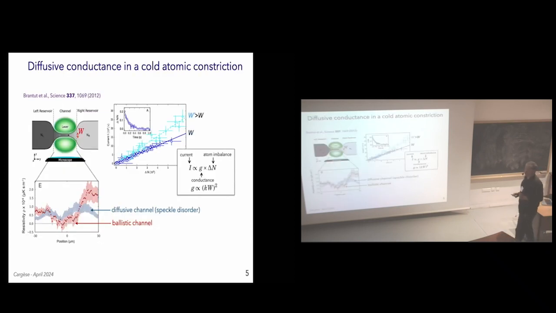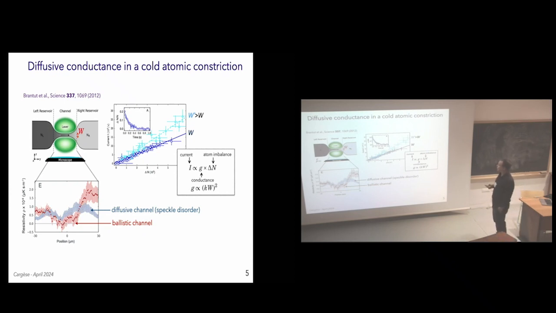Now, of course, there have been plenty of experimental measurements of classical wave scattering through diffusive media, and all of you know this much better than I do. But here I would like to focus on something else. So an experiment which, in my opinion, is really an exceptional experiment in AMO physics.